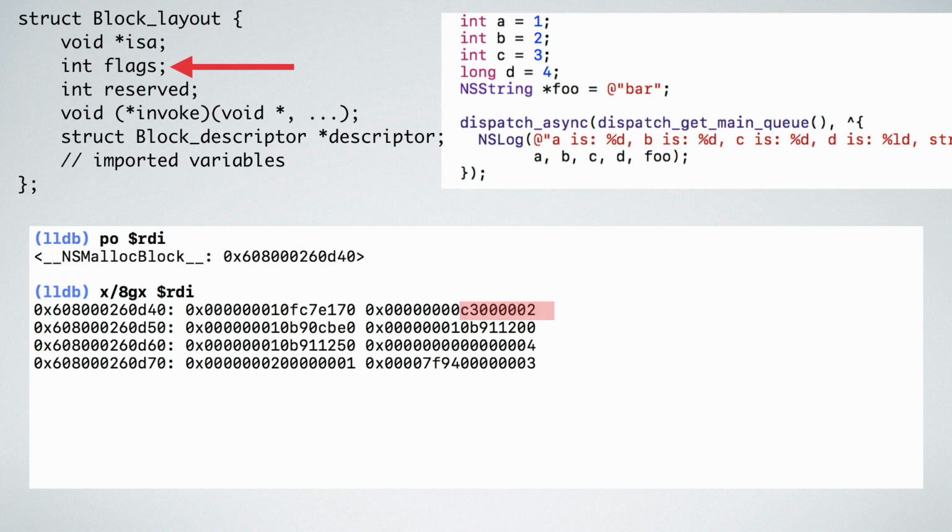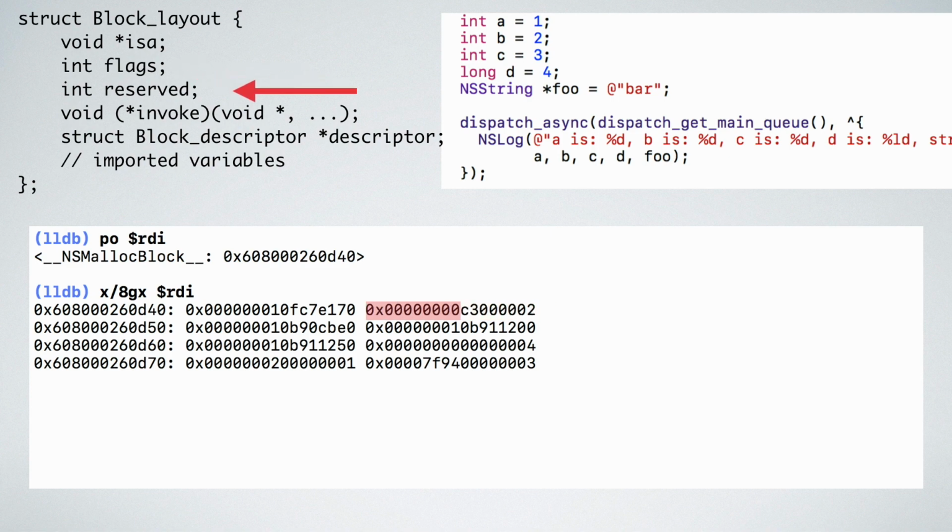The int flags, an int in a 64-bit process, is going to be 4 bytes, so that's half the giant word of 8 bytes. The other part that might trick some people is that you might think it's right up there in that left-hand corner, but this is a little endian architecture, so all this stuff is flipped. You always need to be careful about the memory sizes you're parsing, or else you might screw it up because it's flipped around on you.